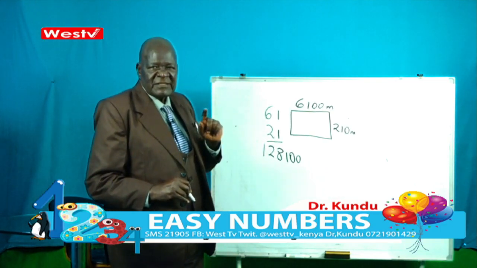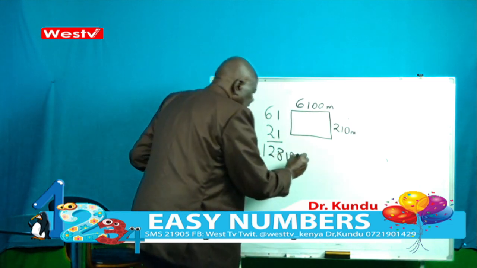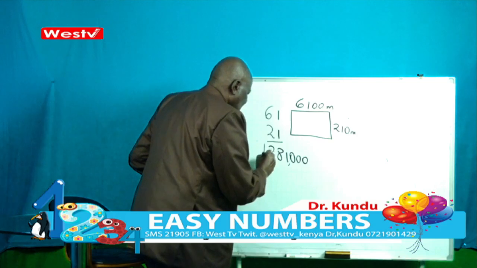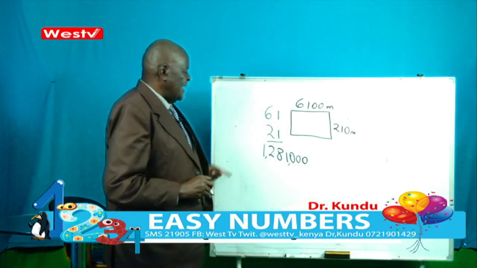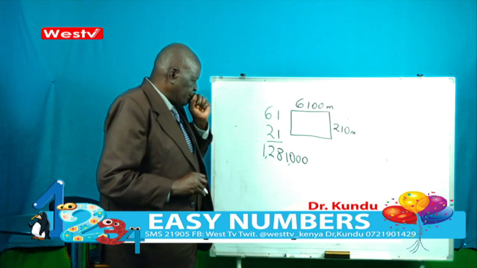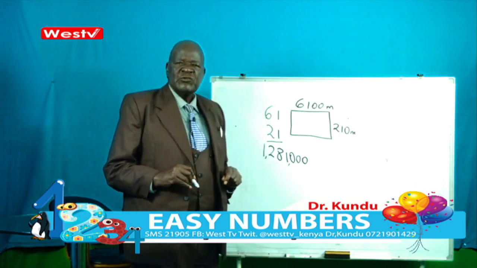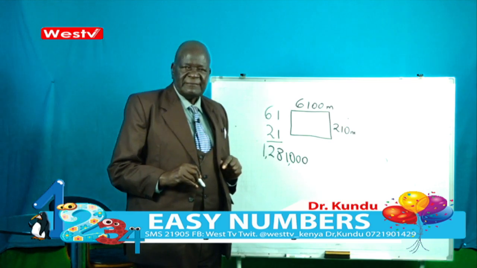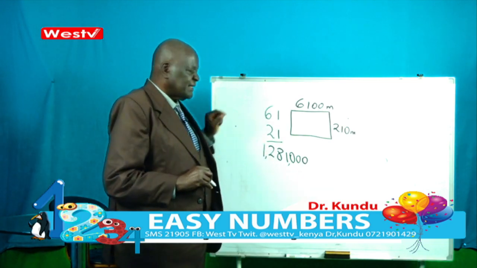It had 1 zero. So I bring the other 0. And then when I do this, I know that the area of this rectangular field is 1,281 square meters. A problem that I would do mentally.